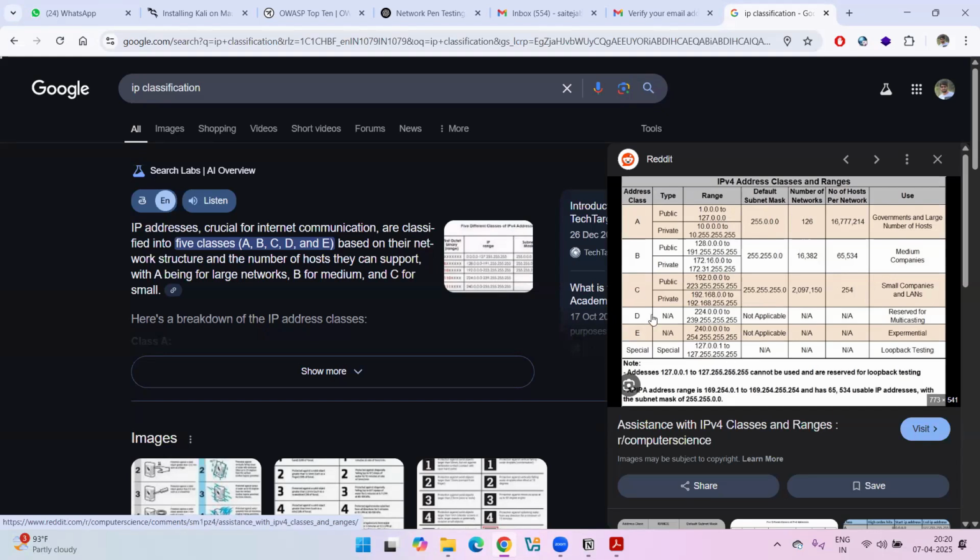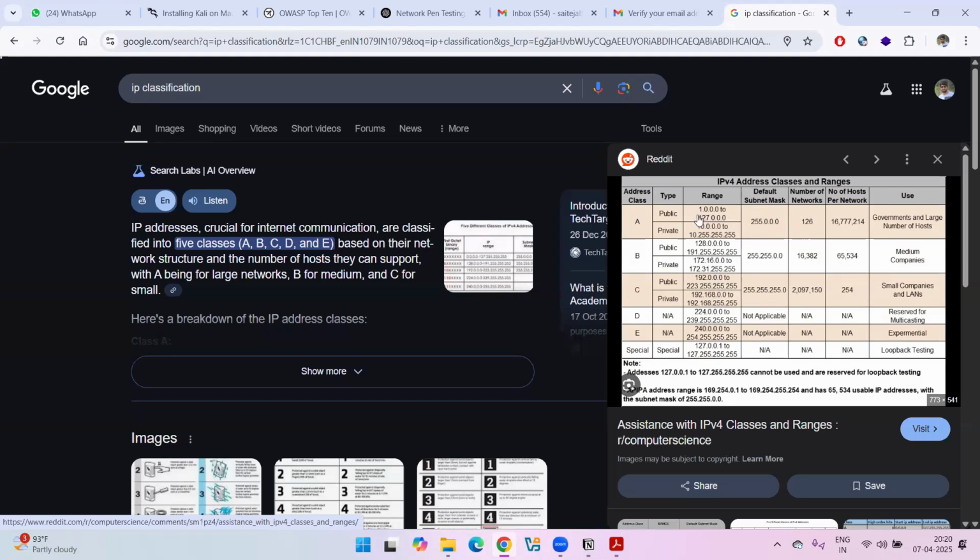And we are not focusing right now on class D and class E, because you cannot see them anywhere. We don't really play with them. Good to know, but we don't really see or touch these things in real time.